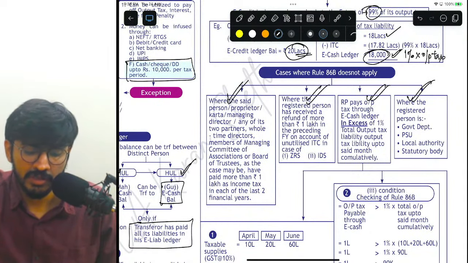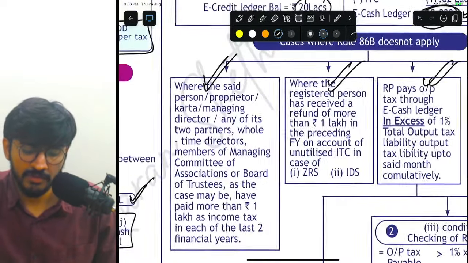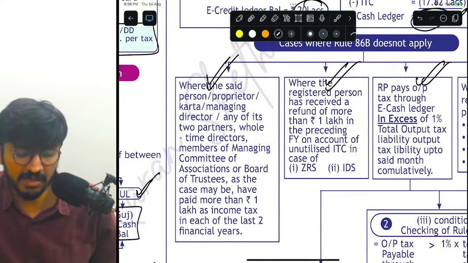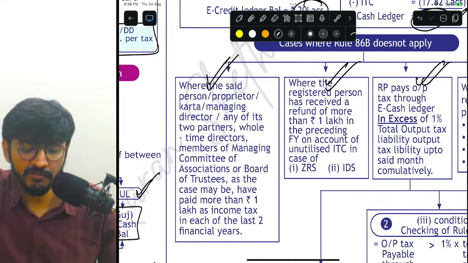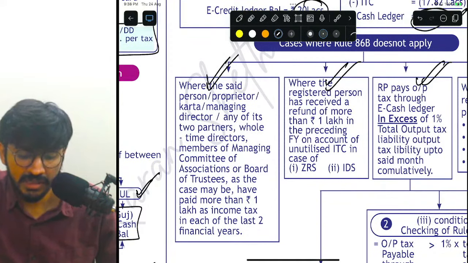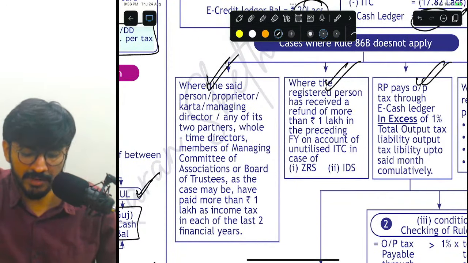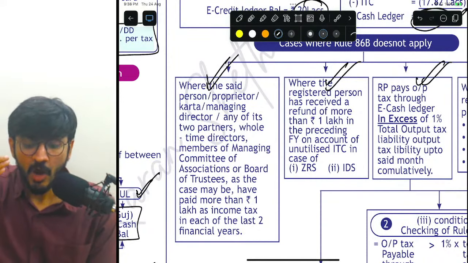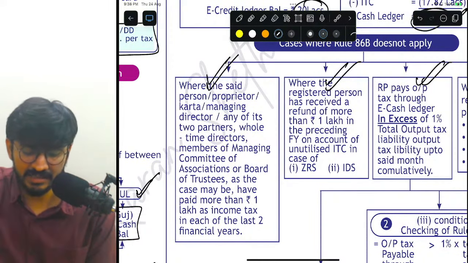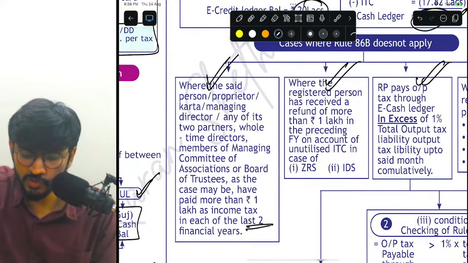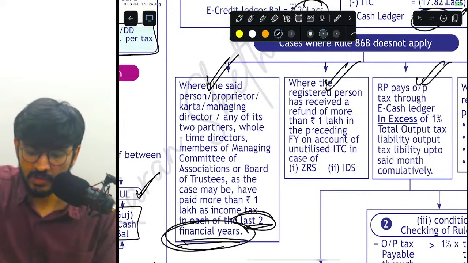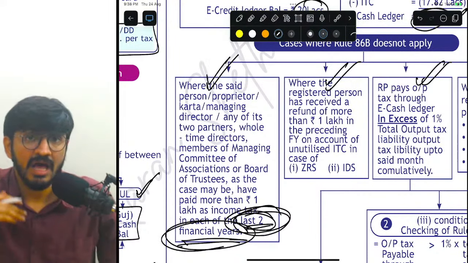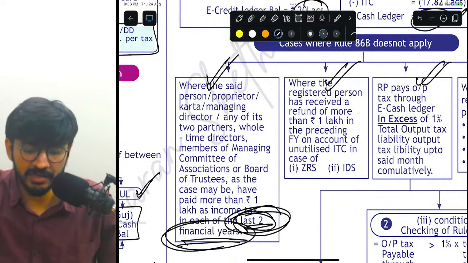So the first scenario is where the said person, who's either a proprietor, karta, managing director, any of the two partners, whole-time members, members of managing committee, board of trustees, as the case may be, have paid more than 1 lakh as income tax in each of the last two financial years.